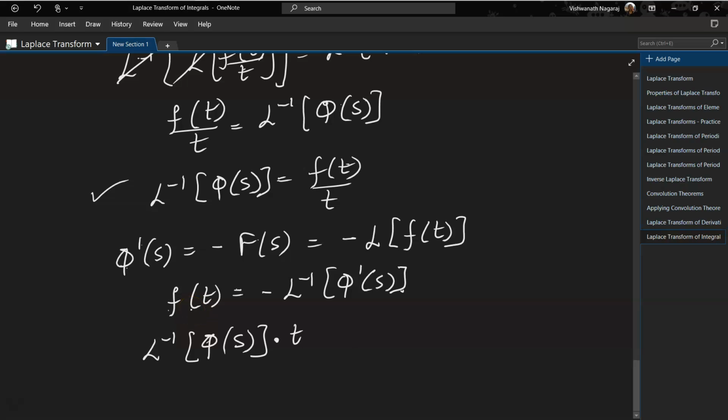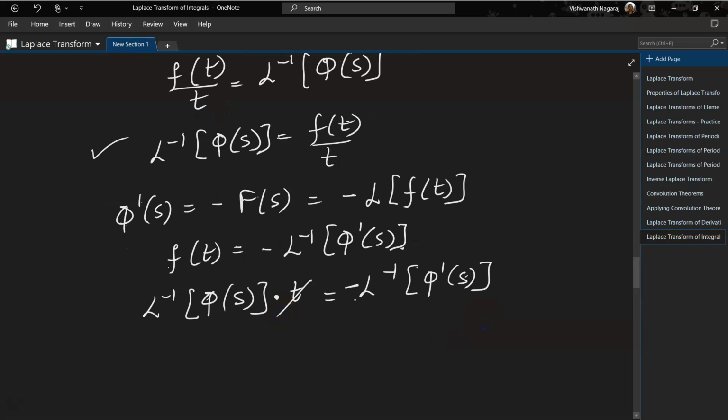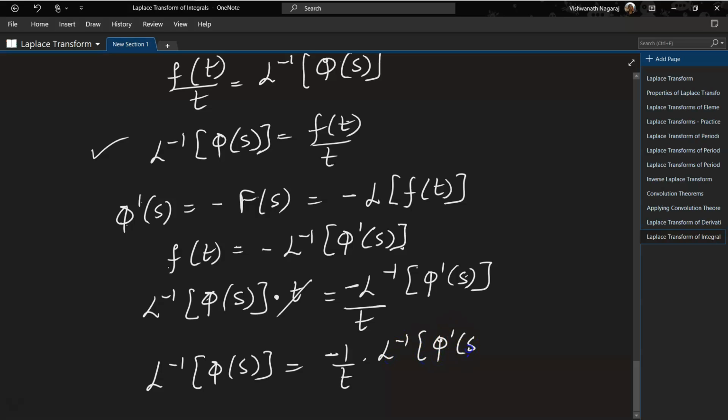So I'm substituting that is equal to minus Laplace inverse of phi prime of s, and this t we can take it to this side, and finally write it as Laplace inverse of phi of s is equal to minus 1 by t times the Laplace inverse of phi prime of s.